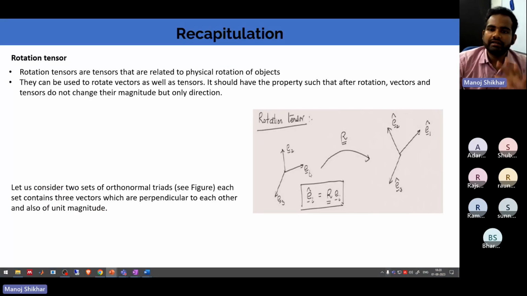Rotation tensors are tensors which are related to physical rotation of an object. For example, if I want to rotate this orthonormal triad E1, E2, E3, I can use a special tensor R, which will just rotate the axes. We can use this formula: the final coordinates Ei hat will be R into Ei.